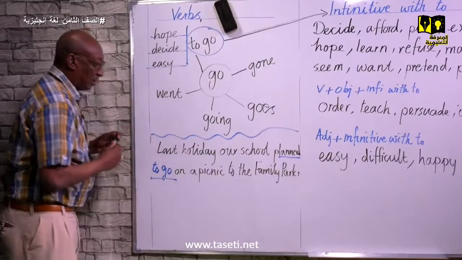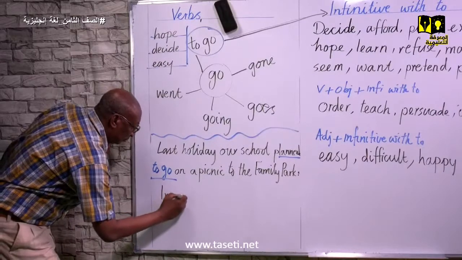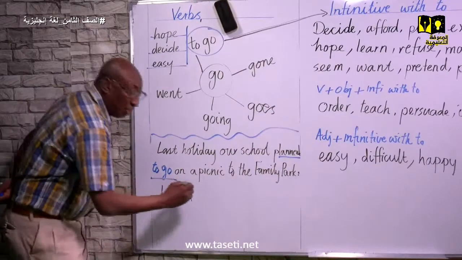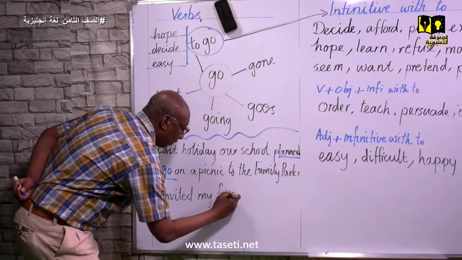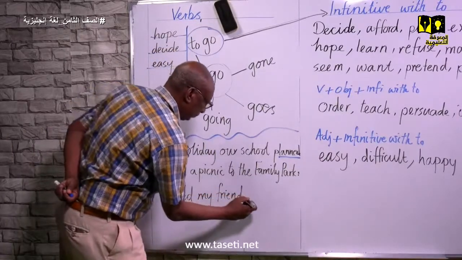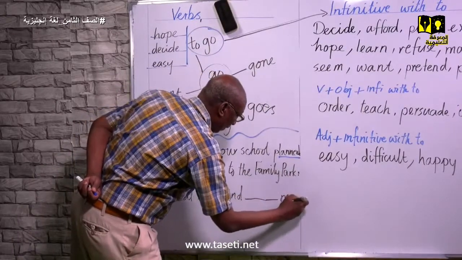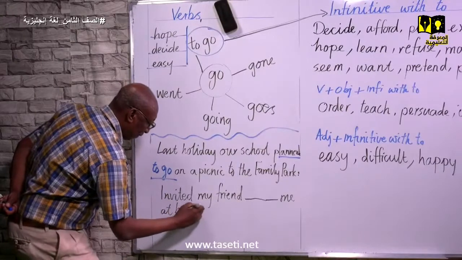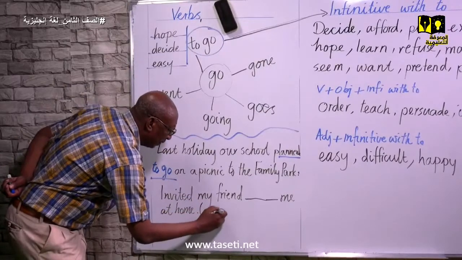I invited my friend, right? Me at home. So we have the verb here, visit.